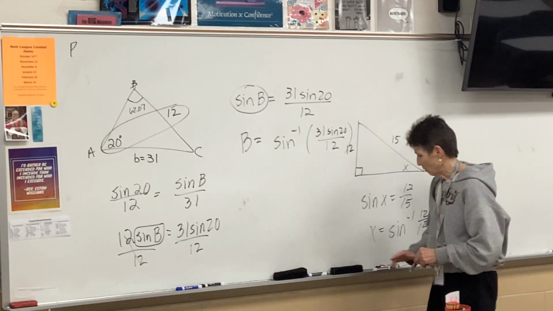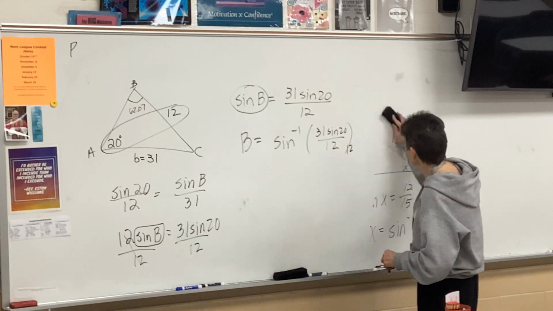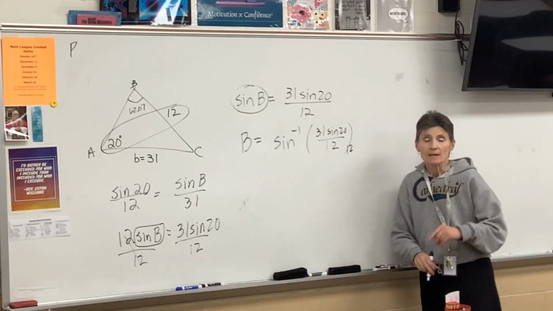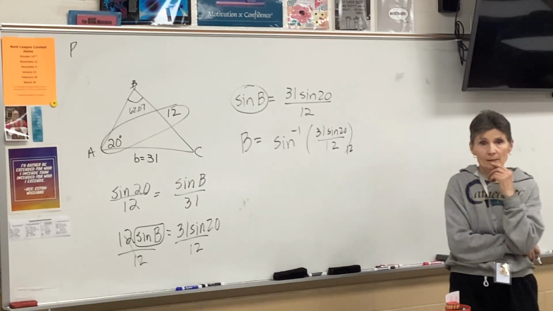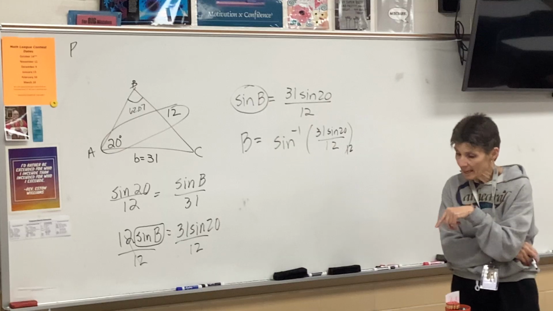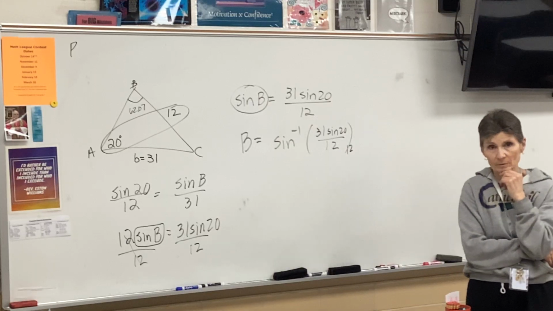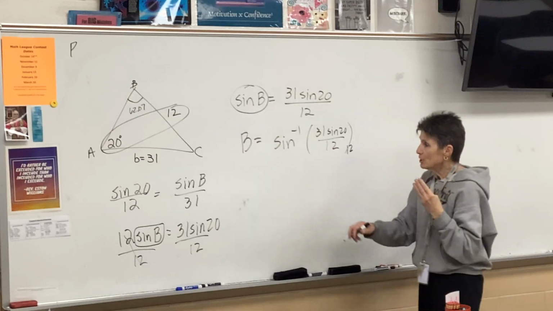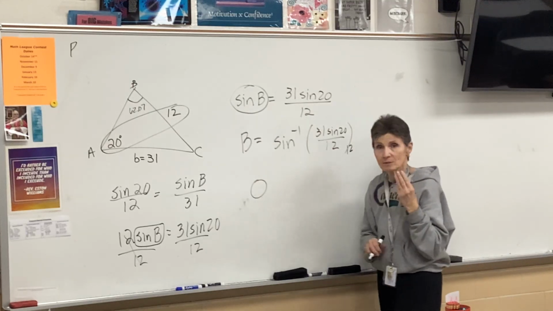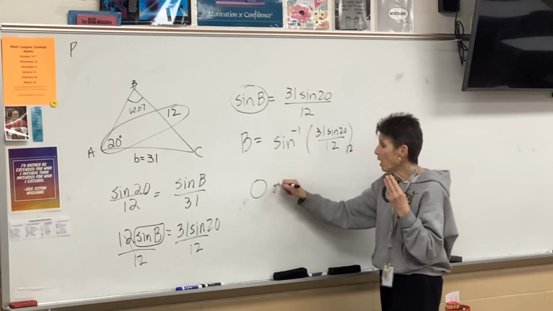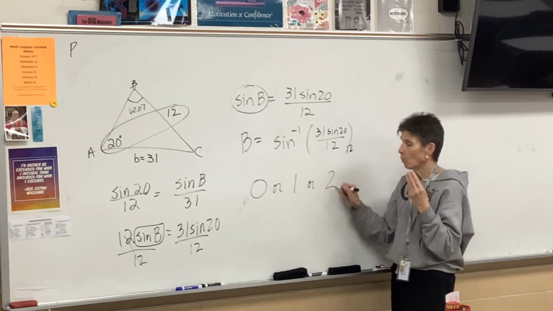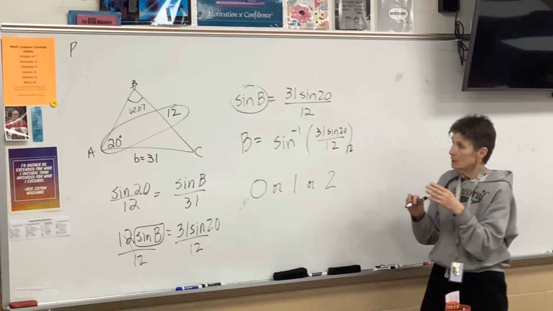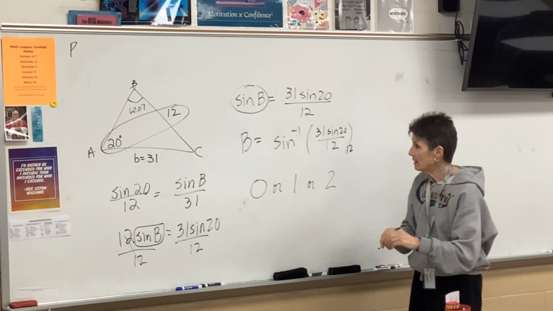Okay, now, here is where the tricky part comes. I didn't tell you before, but when the directions say how many triangles are possible, there are 3 possibilities. You could have no triangles, you could have 1 triangle, or you could have 2. We're going to do several examples so you see how this works.